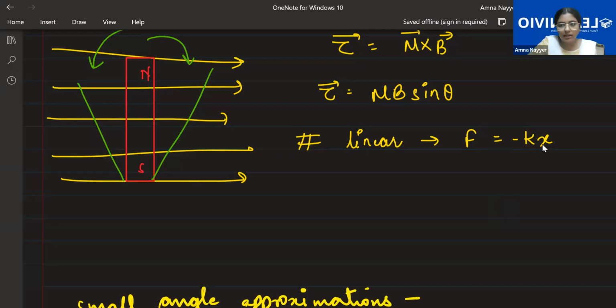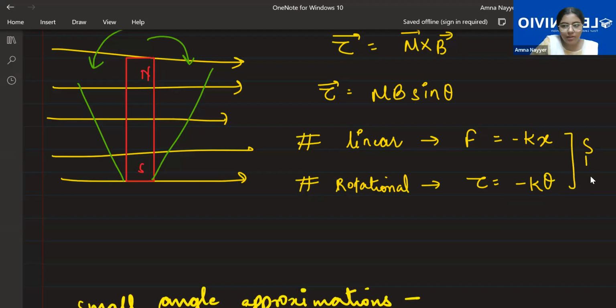And the same thing if it is rotational, torque will be equal to minus K theta. If any of these conditions are fulfilled, we say the body is in SHM.